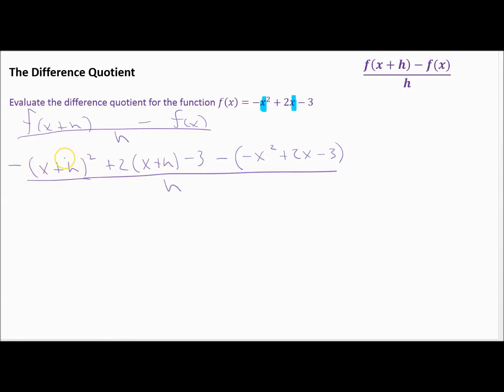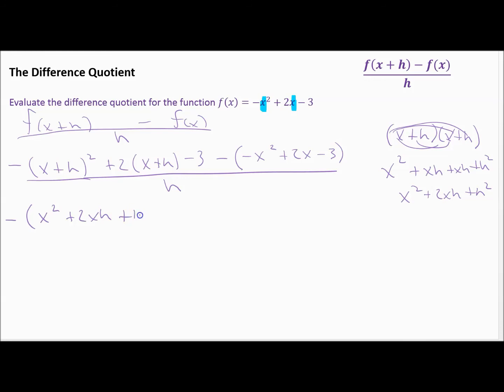So I expand the x plus h. That gives me x squared plus xh plus xh plus h squared, which is x squared plus 2xh plus h squared. So I have negative x squared plus 2xh plus h squared. And I'm going to distribute the 2 inside here, so plus 2x plus 2h minus 3.